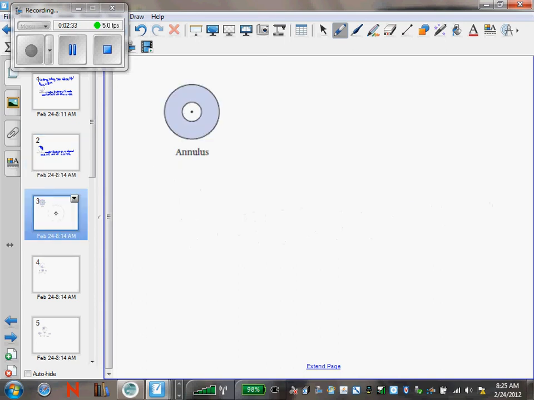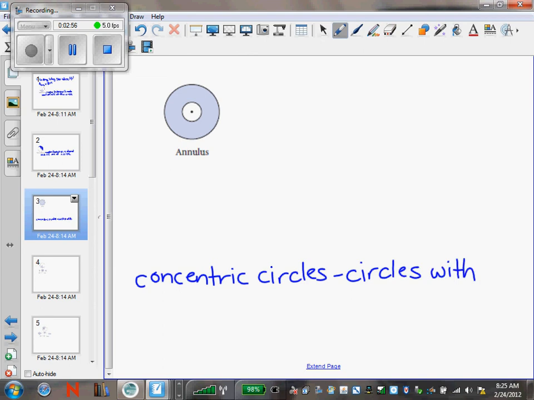And then the last one we're going to talk about is called an annulus. An annulus is the region between 2 concentric circles. If you remember, concentric circles are circles with the same center. Here's a picture of 2 concentric circles.